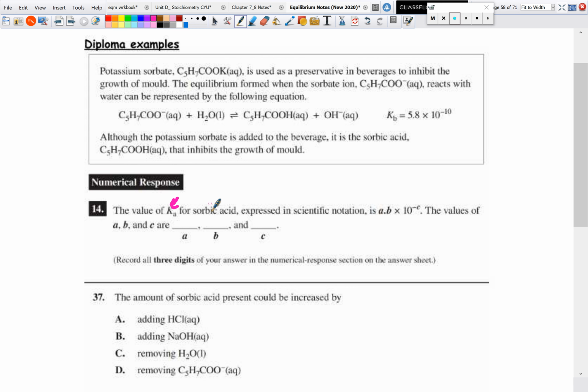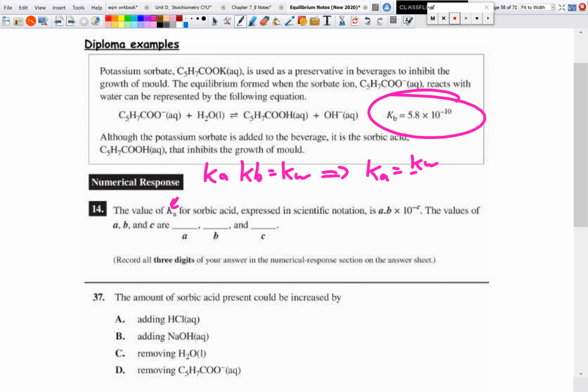Now, sorbic acid is not in our data booklet. But one of the things we have right here is our Kb. So if this is the case, we know that Ka times Kb is equal to Kw. If we rearrange this equation, we get Ka is equal to Kw over Kb.